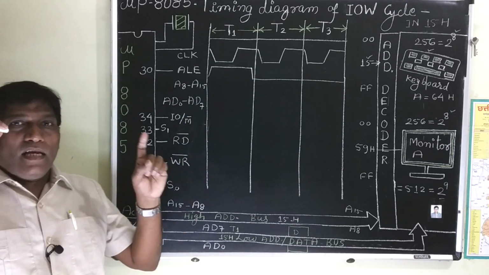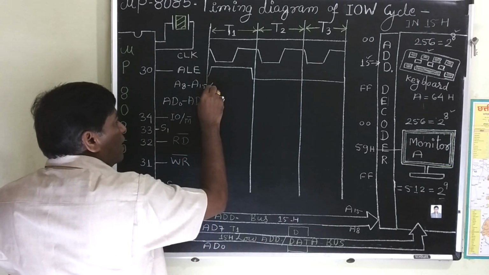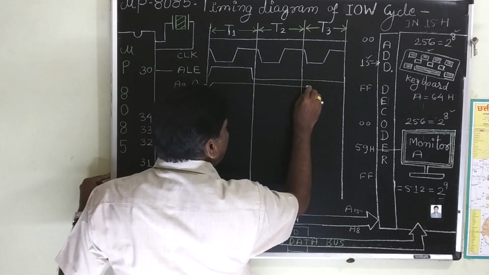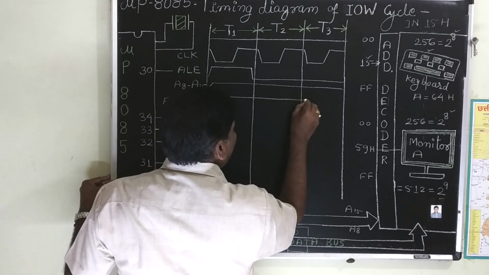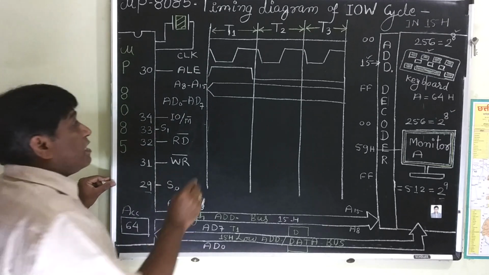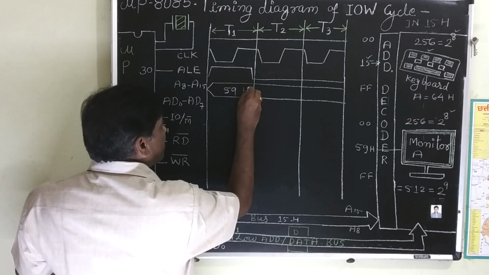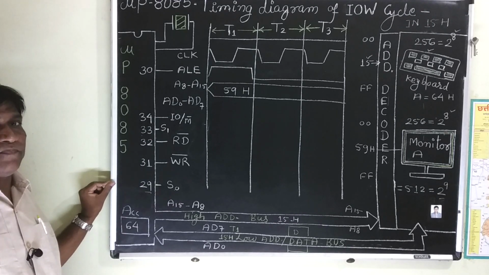Whenever ALE is enabled, now see the higher order address. Because it is a write operation to the monitor, it is an out operation from the microprocessor. The address of the monitor, which is 59H, will be loaded on the higher order address bus.